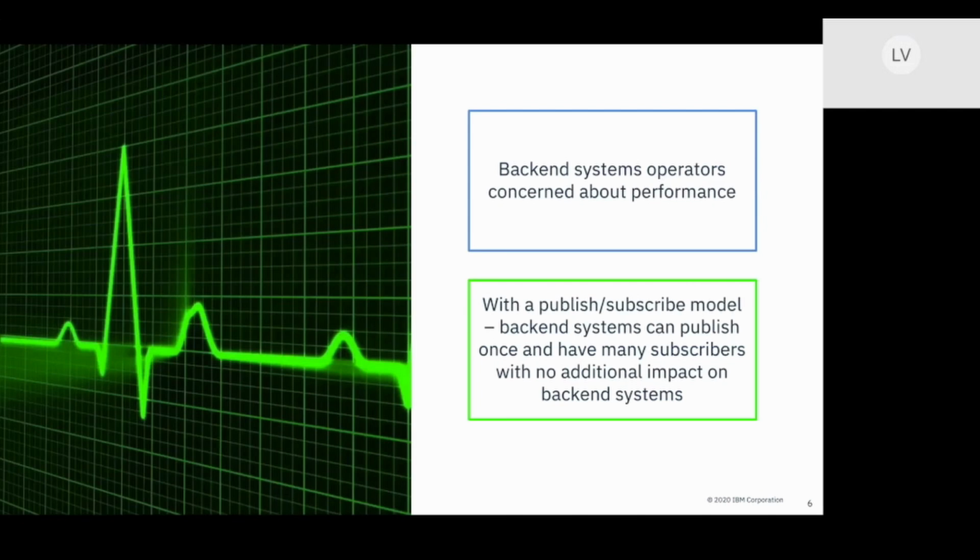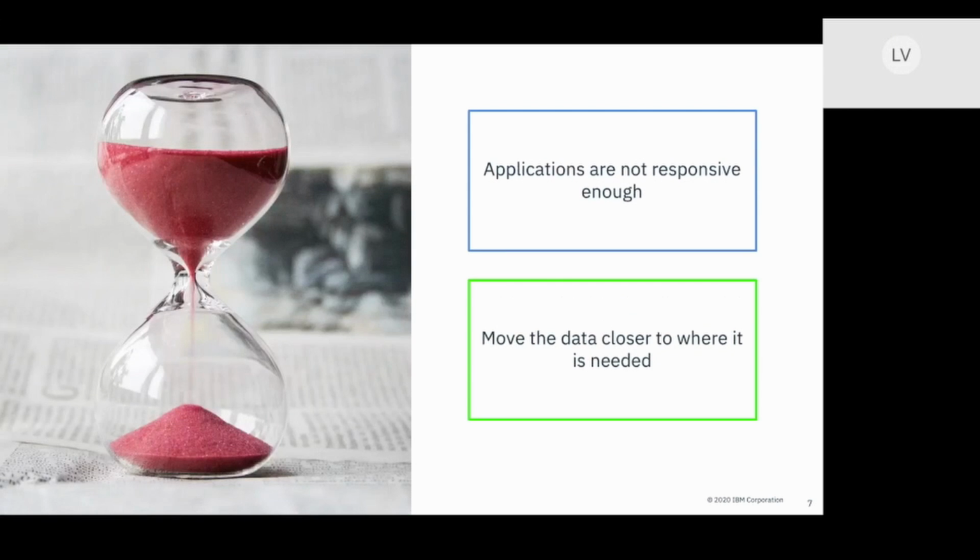And just to finish, if you need to move your data close to your application or close to your customer, Event Stream can be used for this kind of option. It helps you to move the data from one location to another by using geo-replication, for instance.